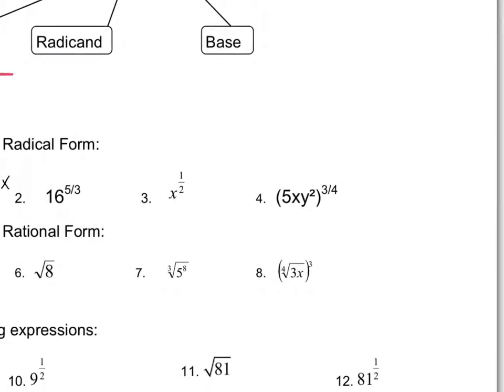Now, for something like this, we know x is our coefficient, right? What I haven't explained to you is that if a coefficient does not have an index on the outside, it is automatically 2.